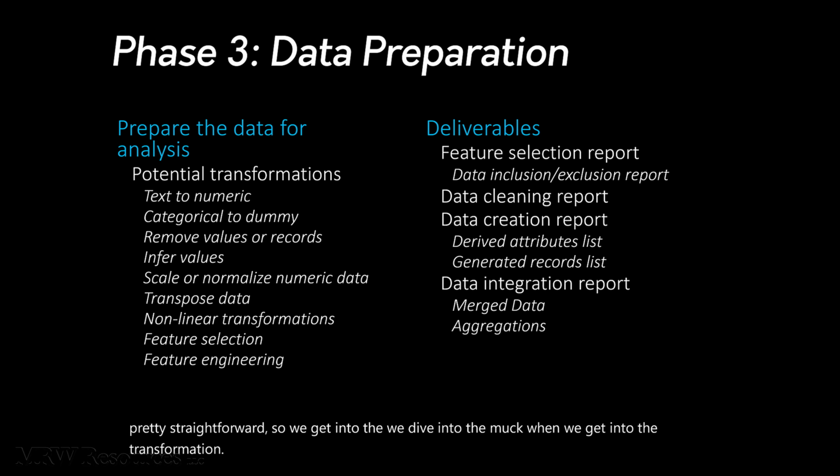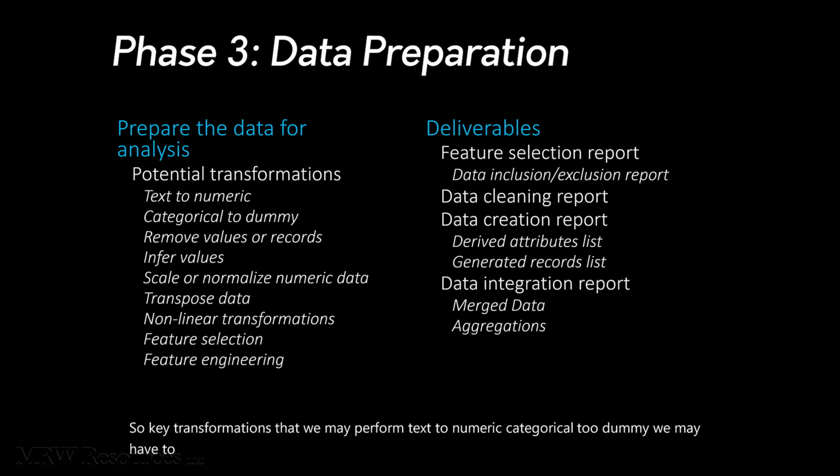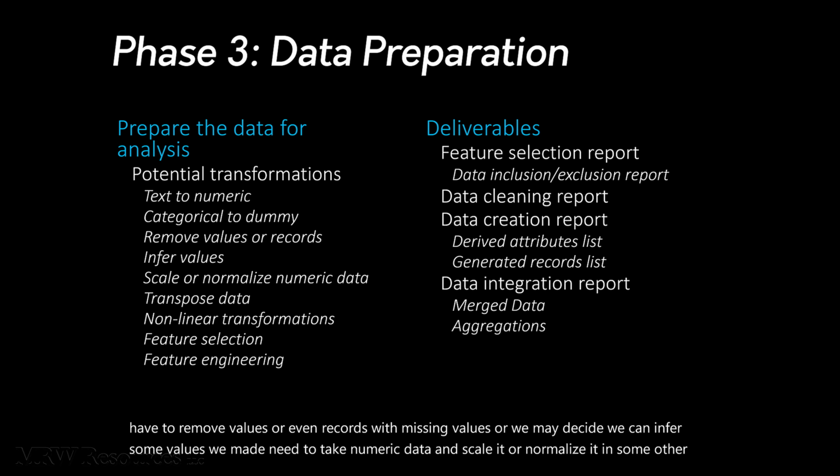So key transformations that we may perform: text to numeric, categorical to dummy. We may have to remove values or even records with missing values. Or we may decide we can infer some values. We may need to take numeric data and scale it or normalize it with some other method.